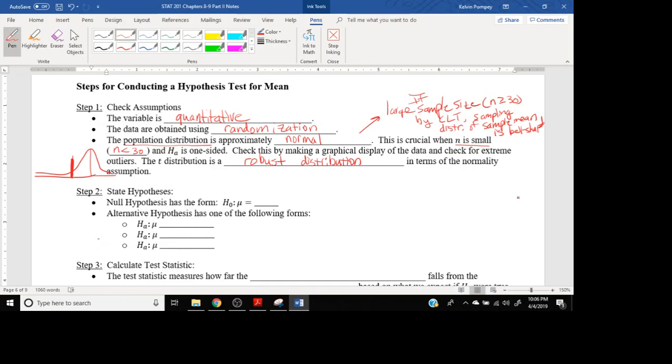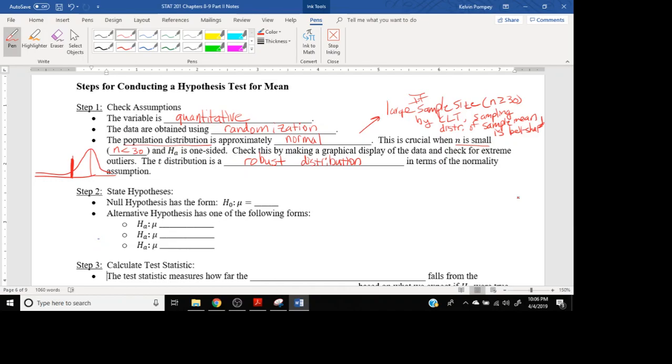And what they found is that even when the population distribution or even the sample distribution is not normal, this method that uses the t distribution still works appropriately. It's still valid, even though that normality assumption does not hold.